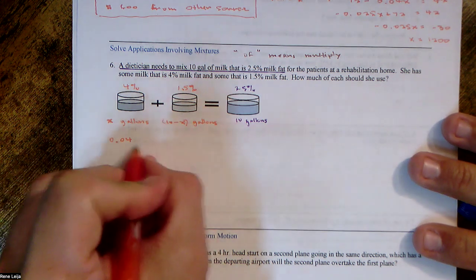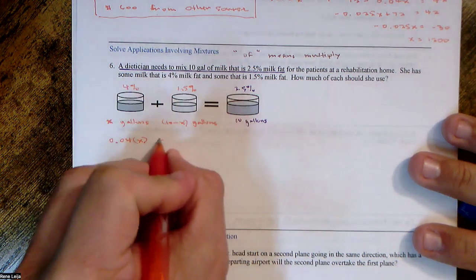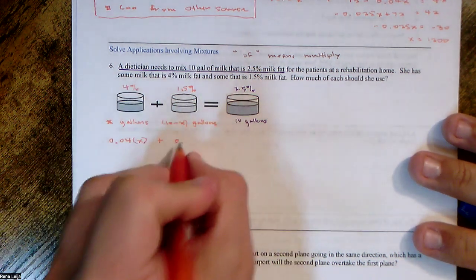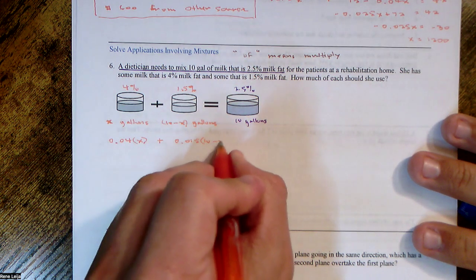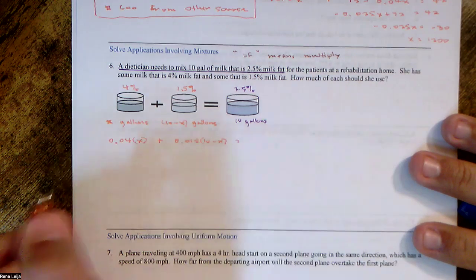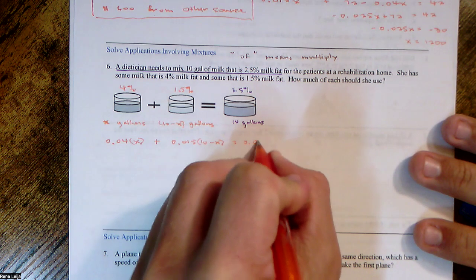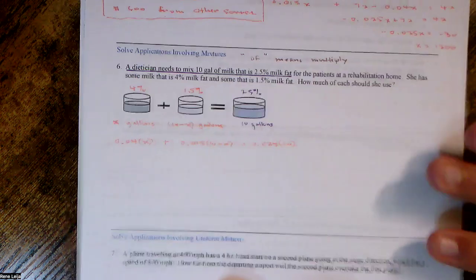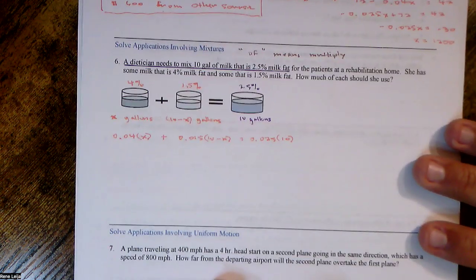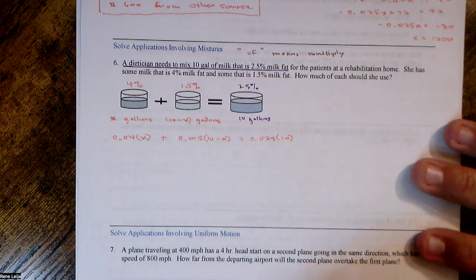So 4% of X number of gallons plus 1.5%, which is 0.015, of 10 minus X gallons has to equal my mixture, which is 0.025 of the 10 gallons. Okay. Now, here's our equation, and now we just solve.